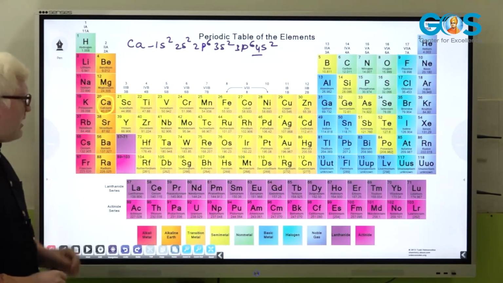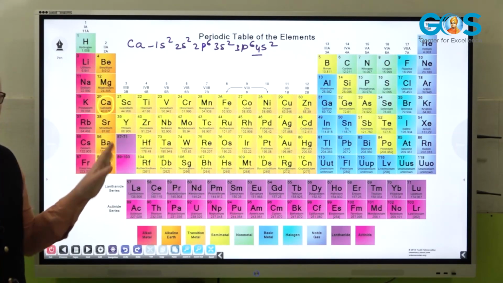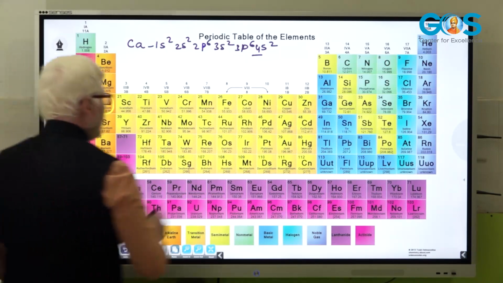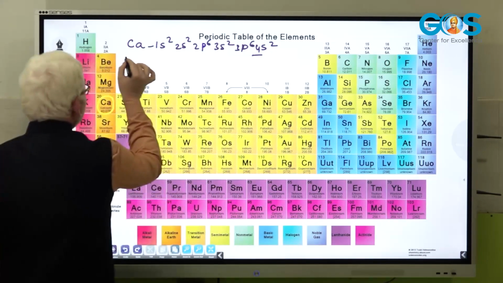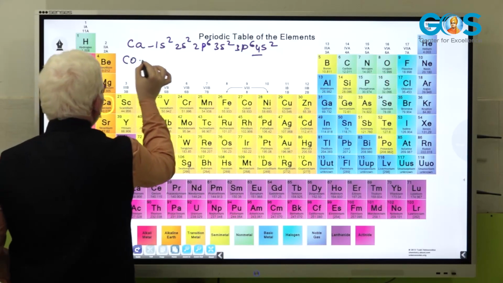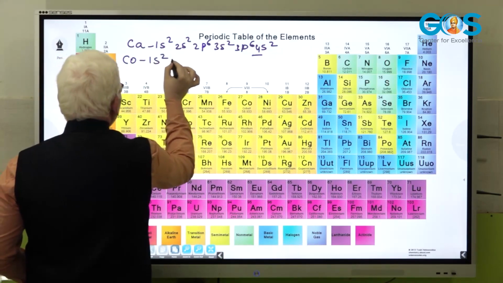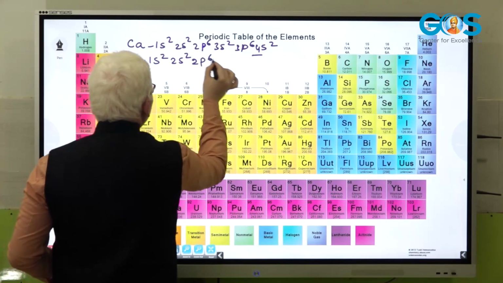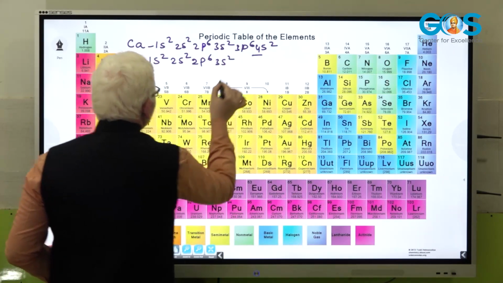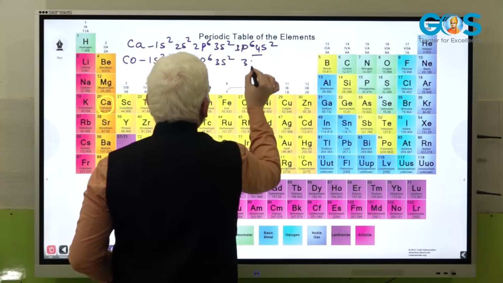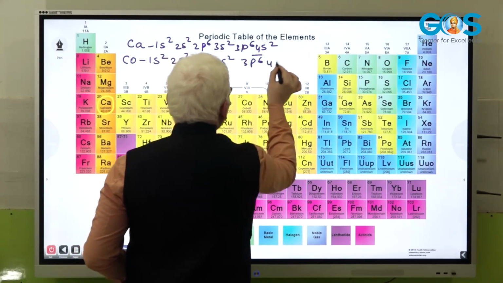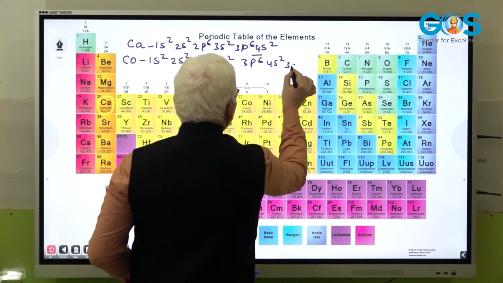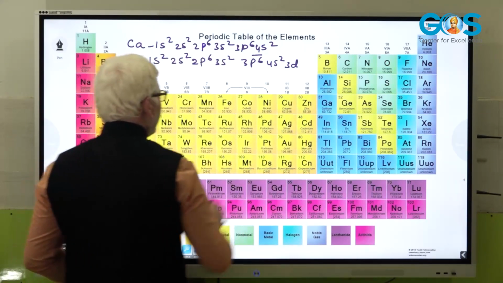Let me take an element in group B. Let me take cobalt. The electronic configuration is 1s2, 2s2, 2p6, 3s2, 3p6, 4s2, 3d7.